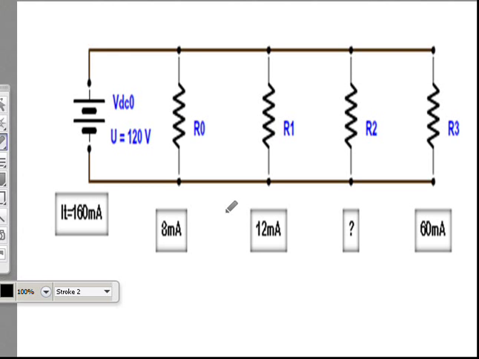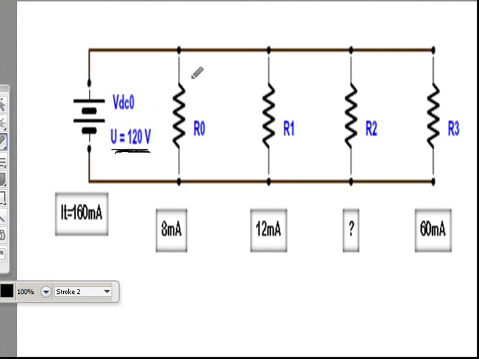In this case, I've got a total voltage, so 120 volts, and you'll notice they're all tied across the same voltage buses. So I've got 120 volts across every resistor. I should say across every branch.